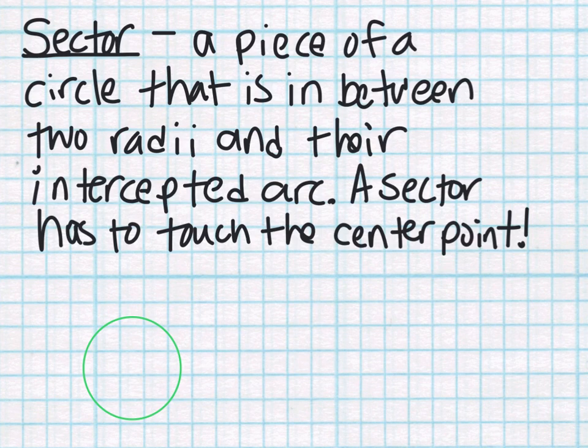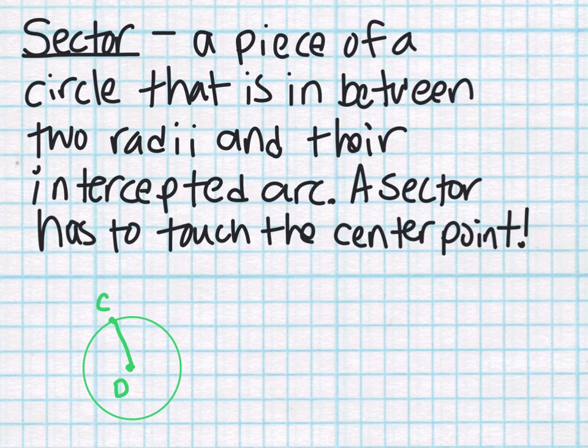So let's put a center point in this circle. Let's call that point D. So to make a sector, I have to have two radii. So a radius goes from the center point to the edge of the circle. So let's call this point C, and there is one radius.